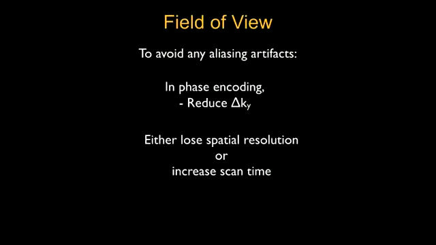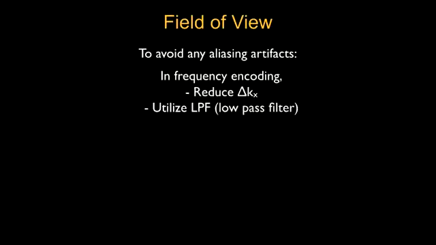The field of view along kx is a little bit different. You have to reduce the delta kx to increase the field of view, but also you can utilize low pass filtering.